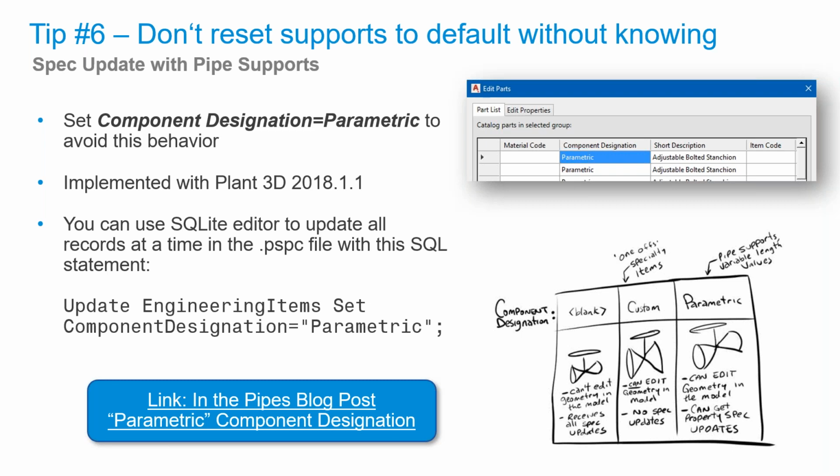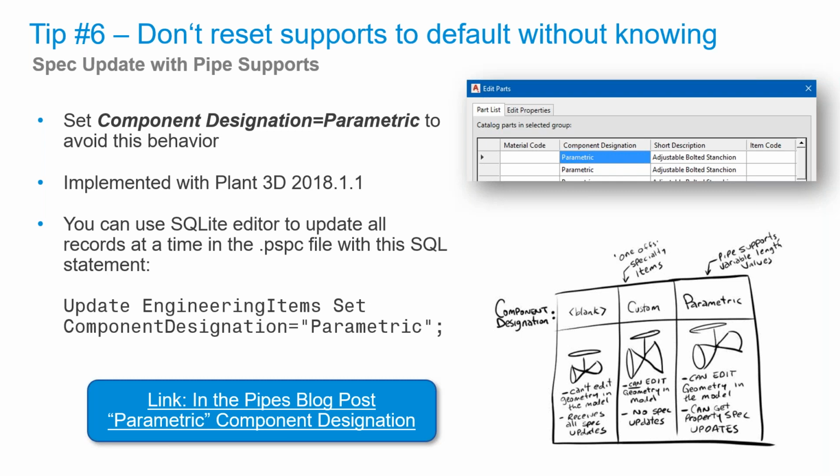So it's something you can just modify and turn on basically to avoid those from happening. The other option would be, like on the previous slide, just don't pick the update parts, but eventually somebody's going to miss that. So this is a way of ensuring that no matter what you pick in the model, supports won't resize and change the parameters when you update the specs.